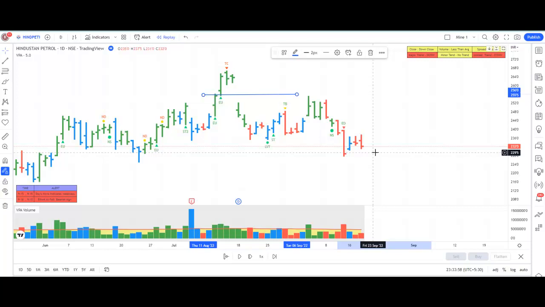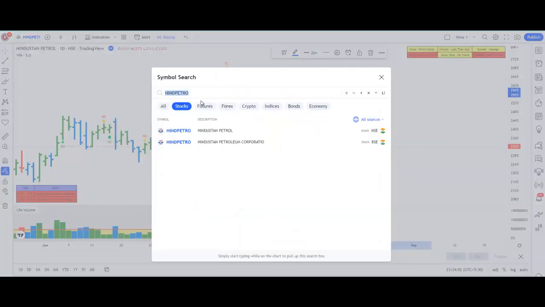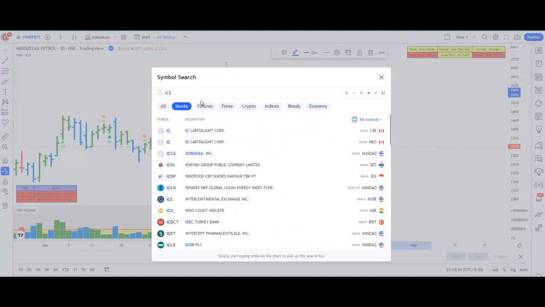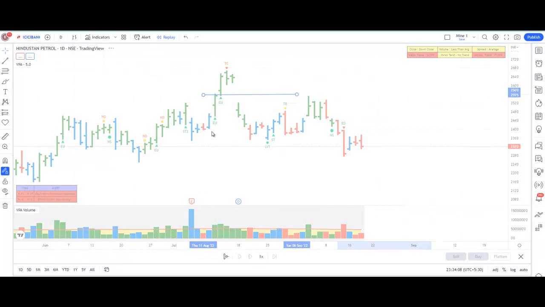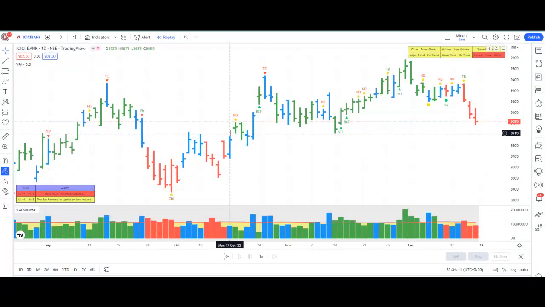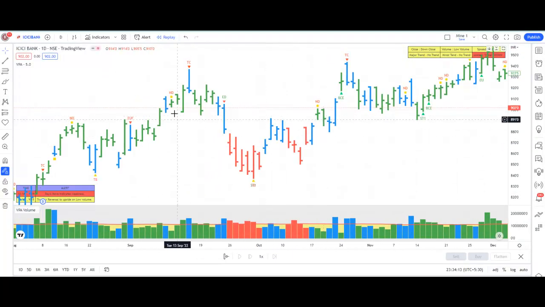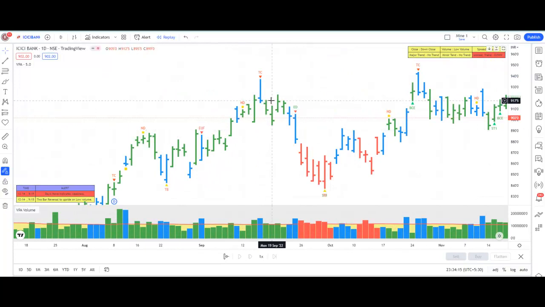Let's go to one more example. I will take the chart of ICICI Bank. Here you can see we have a trend change bar, because the high is the highest of the last 5 bars.